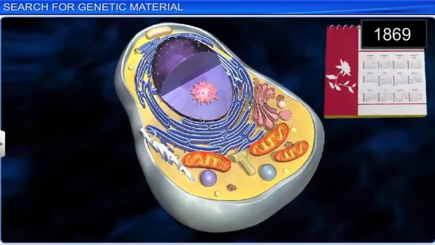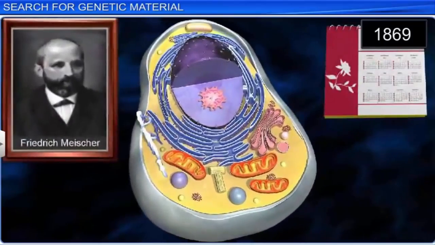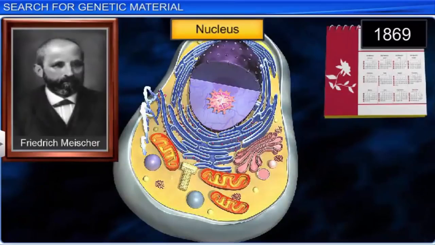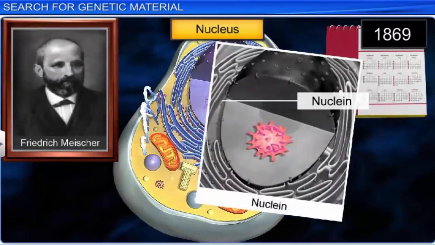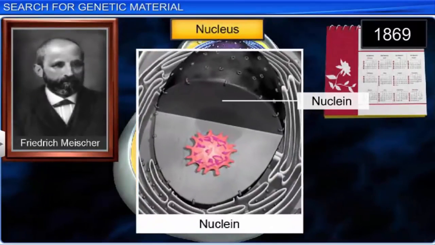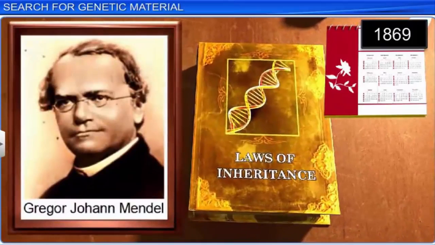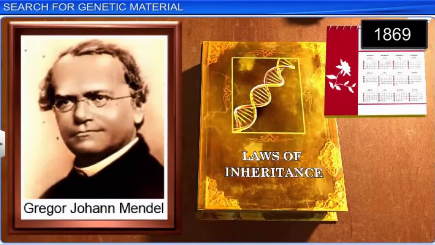In 1869, Friedrich Miescher isolated an acidic material from the nucleus of a cell and called it nuclein, now known as nucleic acids. Also around the same time, Gregor Mendel proposed the principles of inheritance.